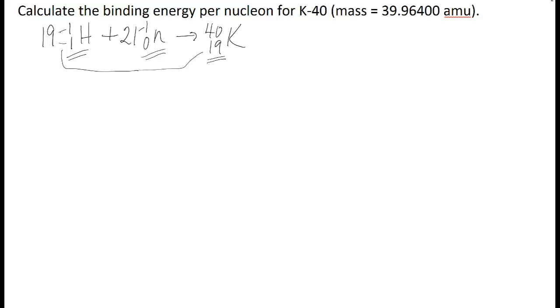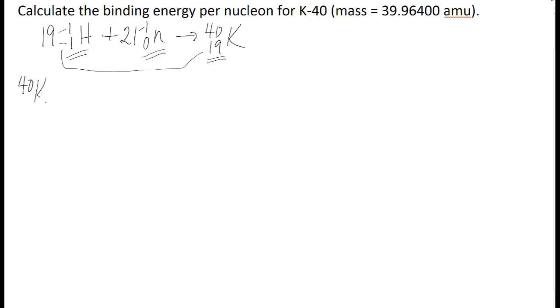The next thing you want to do is find what's called the mass defect. That's the difference between the mass of the component particles, which are your two reactants in this equation, minus the mass of the formed nuclide, which in this case is the potassium-40. So let's write that out.